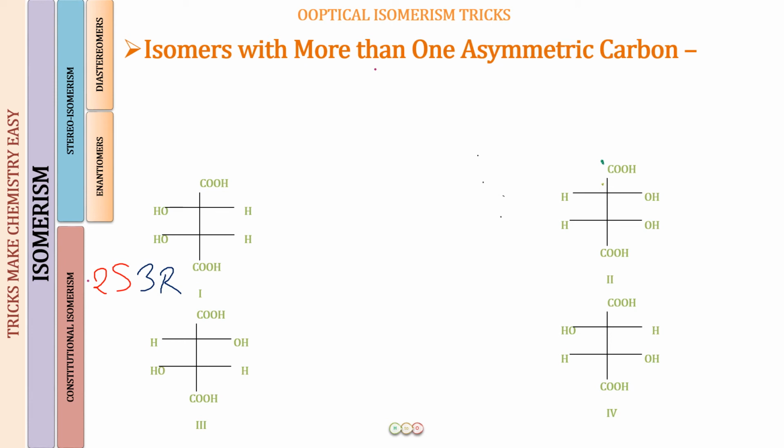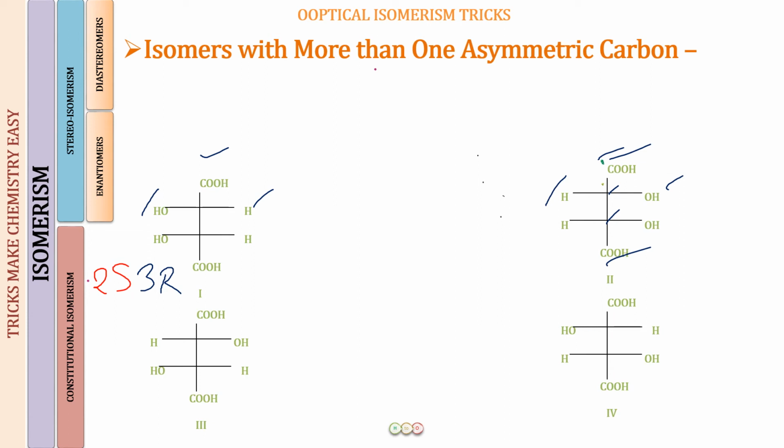Now the trick is that once you have written the names for both the chirality centers according to the RS configuration for one of the compounds, you can quickly do it for the rest of the stereoisomers. So here, if you look at this, this is similar, this is similar, this is similar. The two structures are different only in the position of the H and the OH groups. So here we have an OH on the right side, a hydrogen on the left. Here we have a hydrogen and an OH opposite.